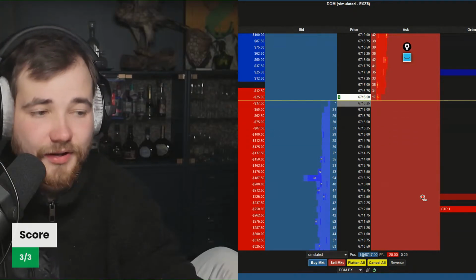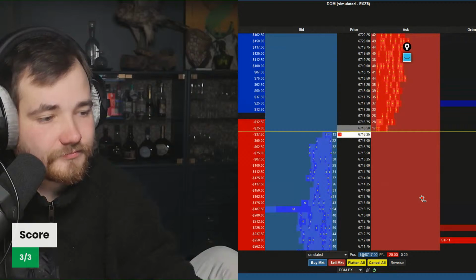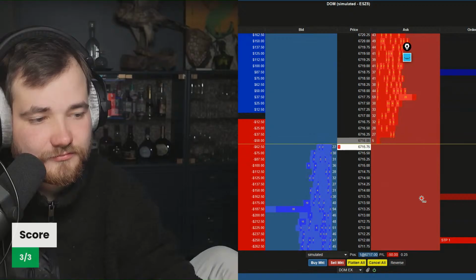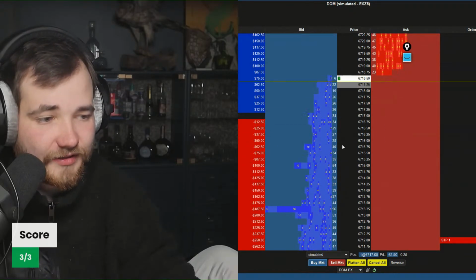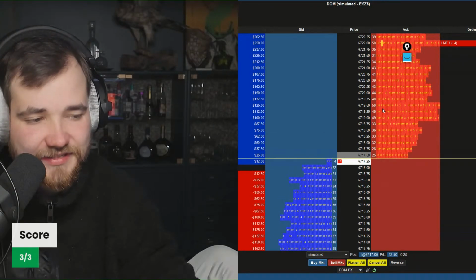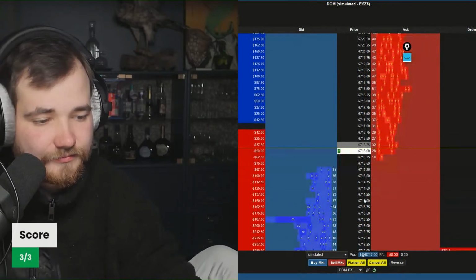Are we gonna go below the 50%? That would be kinda scary. We had some small momentum there, but then it faded a little bit. Now we're getting a move in our favor, but sellers are at this specific area. You can also see there's a lot of liquidity here.